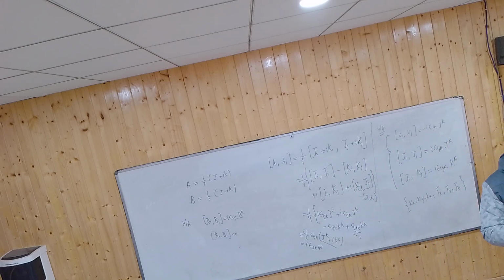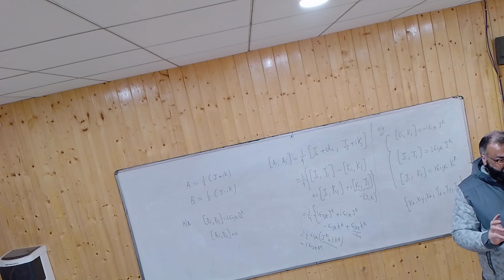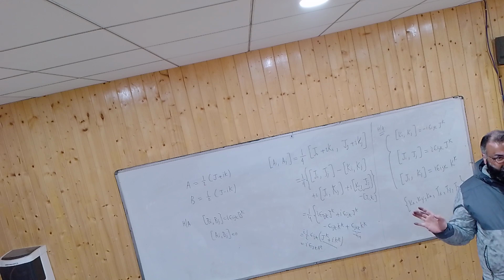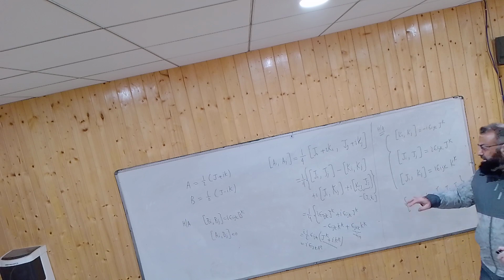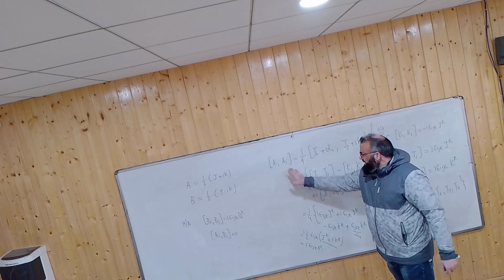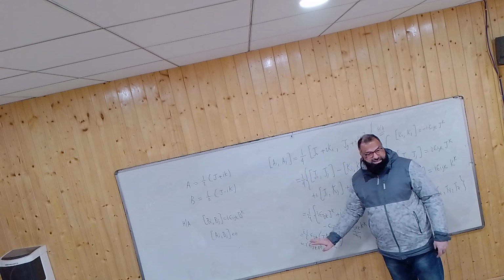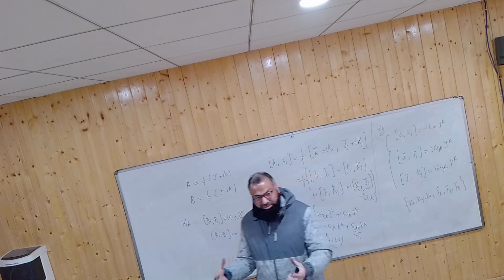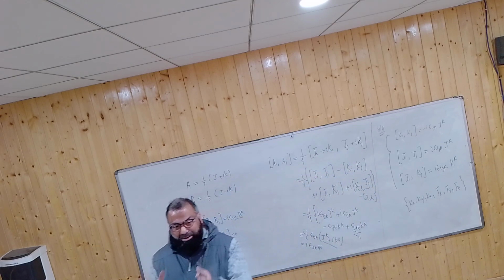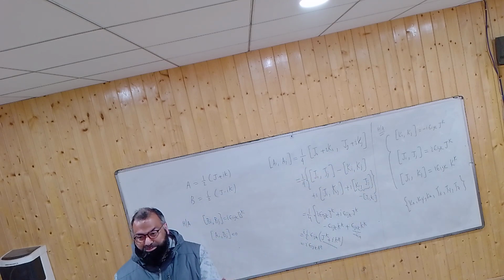Now what have I constructed? I have constructed 2 types of generators which are closed under Lie algebra. And what kind of Lie algebra is it? We call it an SU(2) Lie algebra. So Ai Aj is equal to like this thing. Samajh? So what we have done? We have started from the Lorentz group, and we have decomposed this Lorentz group into 2 groups.